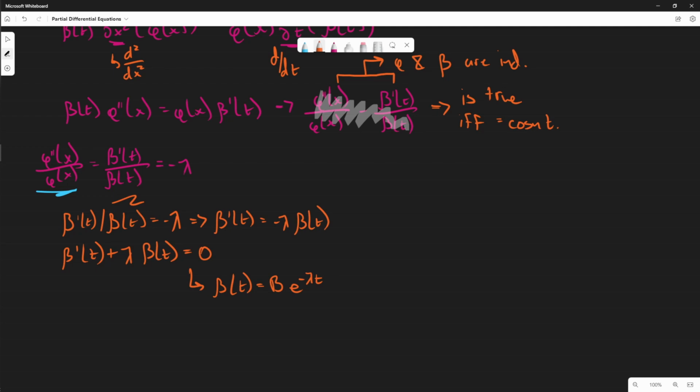And so now for the other portion, phi double prime of x over phi of x is equal to negative lambda. This can be rewritten as phi double prime of x plus lambda phi of x is equal to 0.